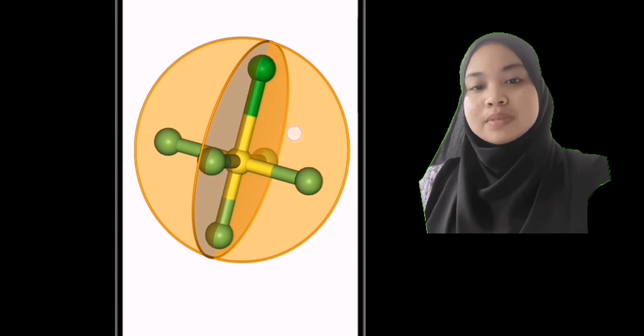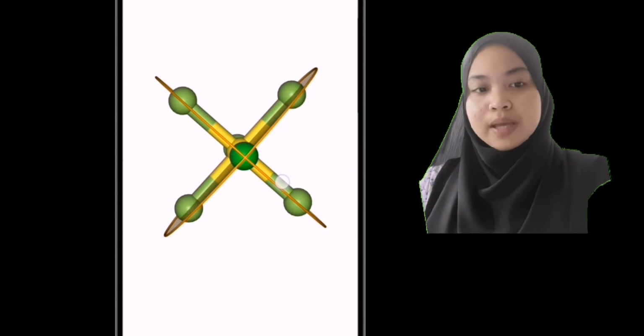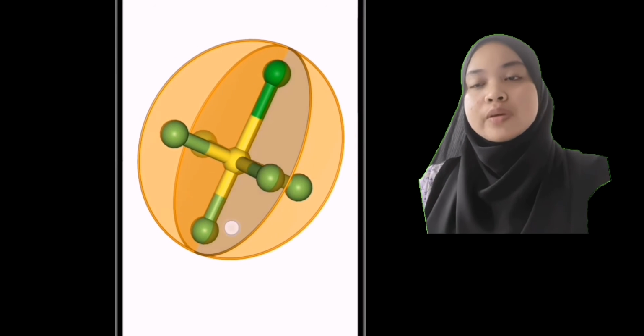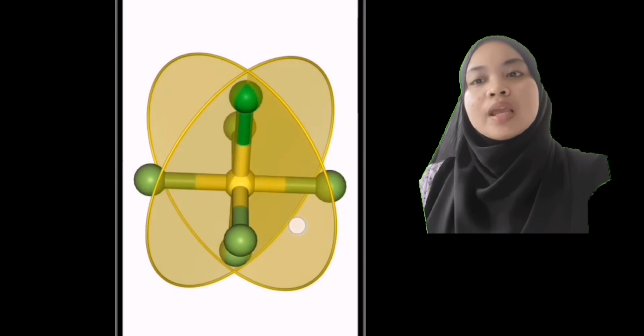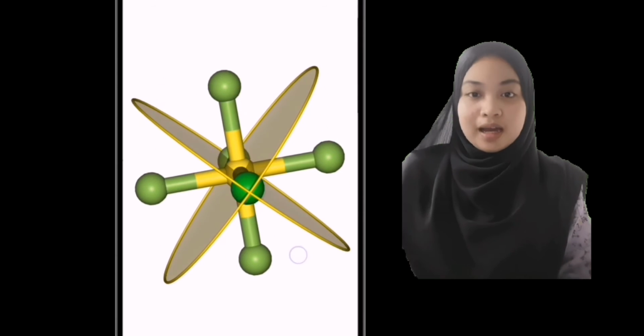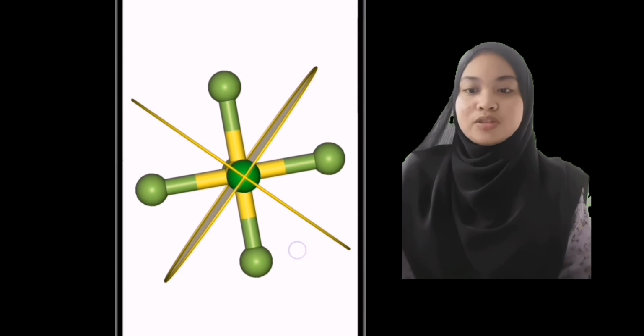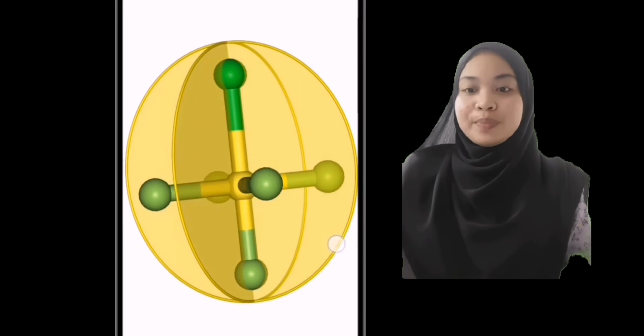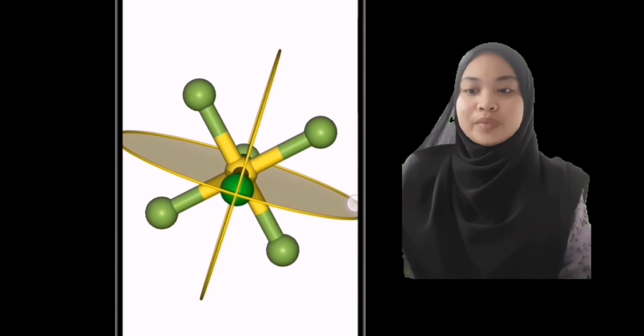Then here is the mirror plane of this complex. This shows the vertical plane of symmetry with symbol sigma v. Okay, other than that, this complex also has sigma d, which is the dihedral plane of symmetry.